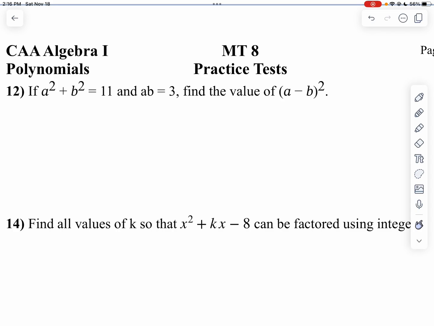They don't seem to be related, except let's multiply (a minus b) squared out. If I multiply it out, remember that's going to be a squared minus 2ab plus b squared. Well, there we see a squared plus b squared.